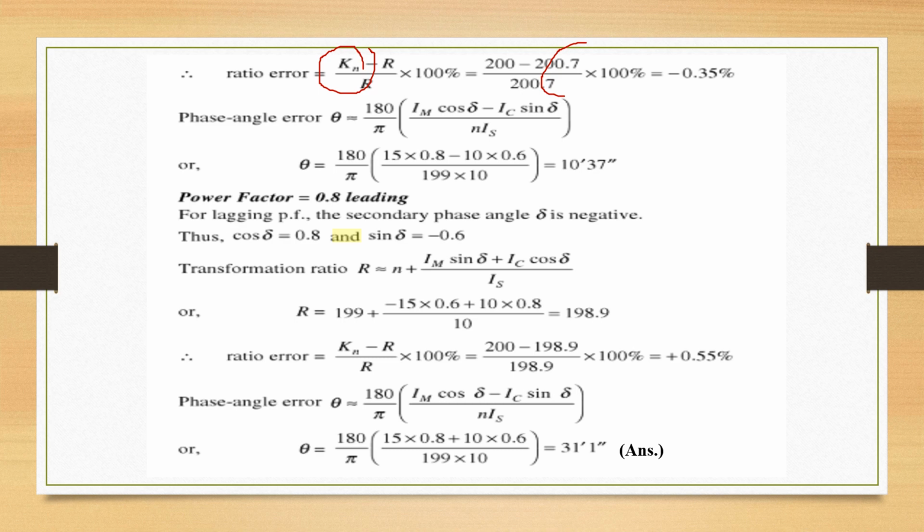Then again for 0.8 leading, as that was for lagging power factor, for leading power factor the value will change a little bit. From there we will get the value of transformation ratio, ratio error and phase angle error. You try it yourself. If you face any problem regarding that, please contact me. Thank you.